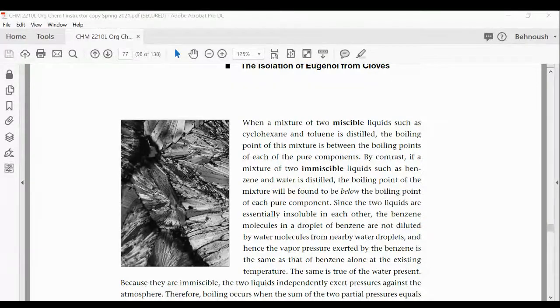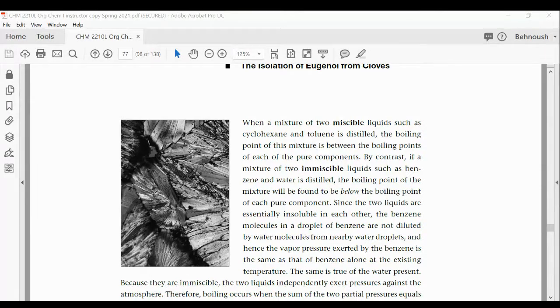When you have two immiscible compounds, if the water provides 700 millimeters of mercury, it's just enough for the other one to provide 60 millimeters of mercury, which is very low pressure. Any compound, even though it has a high boiling point, at 90 degrees, and that's just an example, could have a 60 millimeter of mercury contribution toward the pressure.